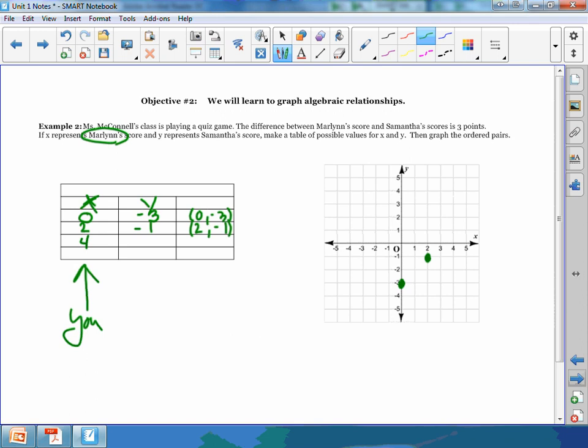Ella? 1. And just for good measure, let me put a negative number in there. What if I went -2? -2. Justin? -5.